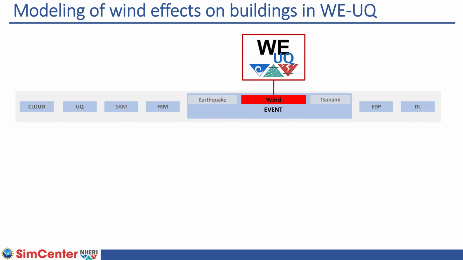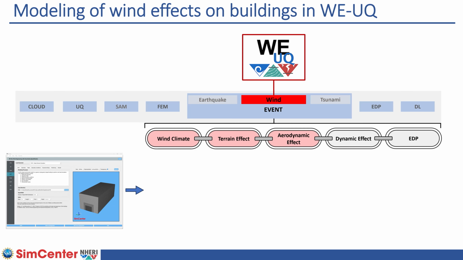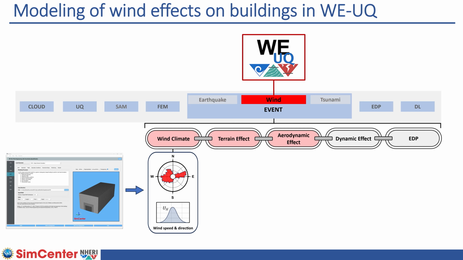Before directly diving into the tutorial, in the next few slides, I will describe the CFD-based workflow implemented in WeUQ. Here is a schematic representation of this workflow that mimics the standard procedure typically used in wind engineering practice. It tries to model all those important factors determining wind load on any particular structure, such as the wind climate, which is incorporated by providing information related to mean wind speed and directionality.